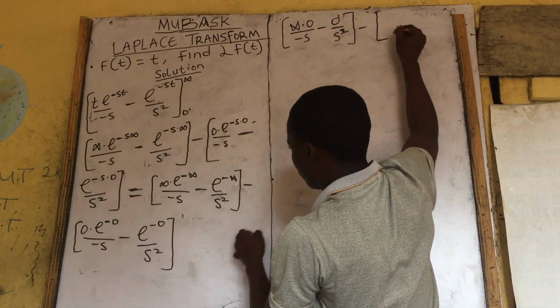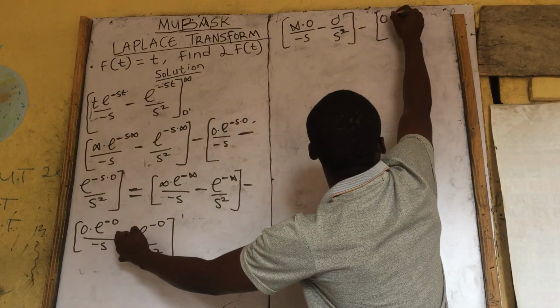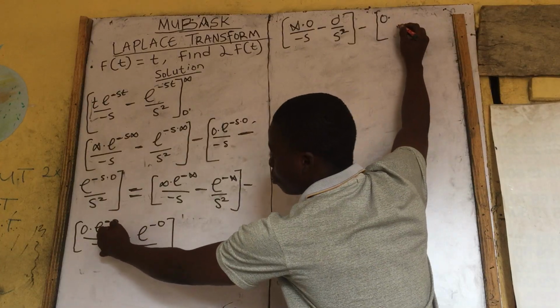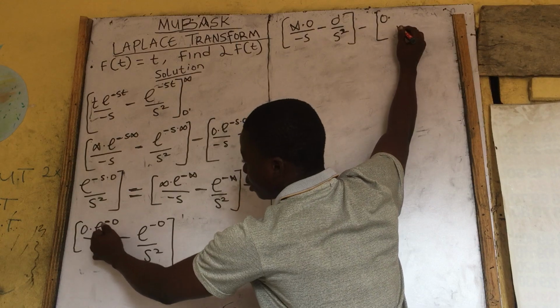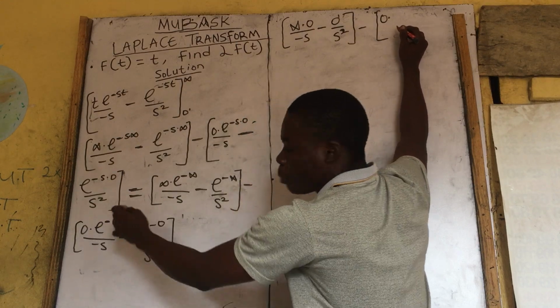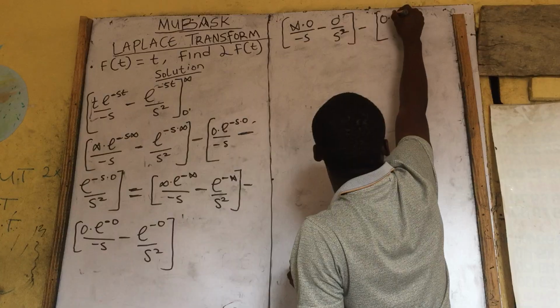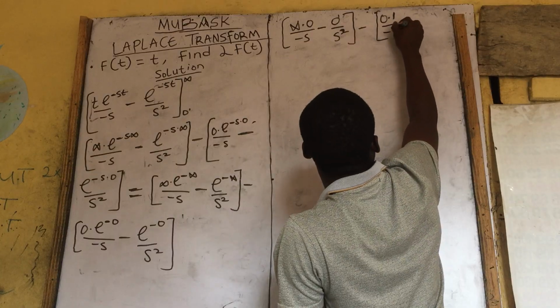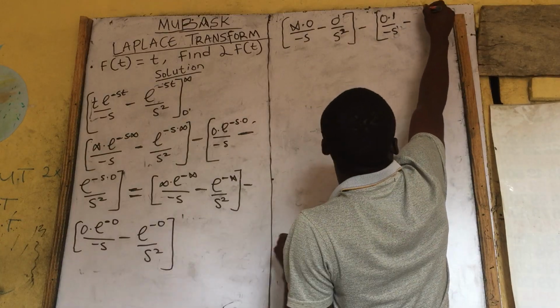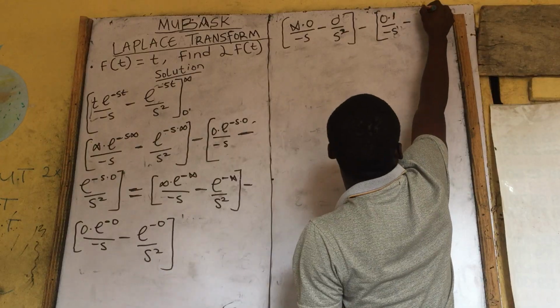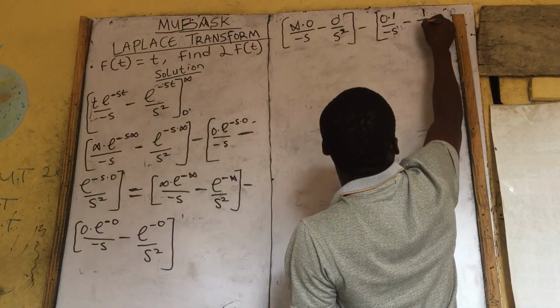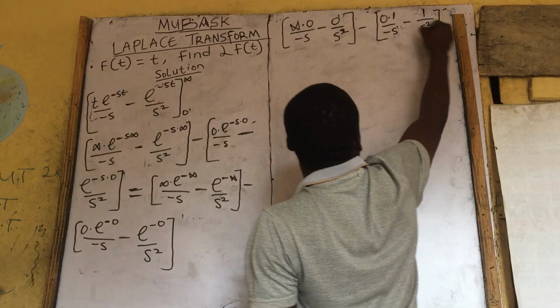Minus open bracket, 0 times exponential minus 0. If you press it in your calculator, it will give us 1, divided by minus s, minus exponential minus 0 will give us 1 divided by s squared, all in bracket.